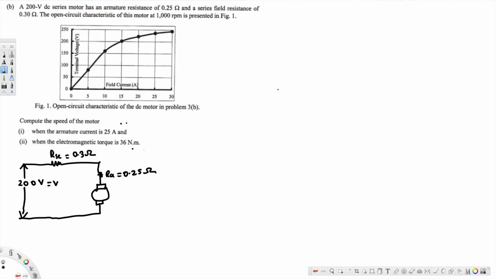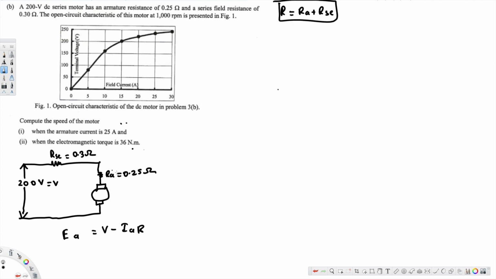In order to do this one, first we have to find out the EA values. First we have a condition: the current is given as 25, so we can calculate EA using this formula. EA is equal to V minus IA times R. R is equal to RA plus RSC, series resistance plus armature resistance.